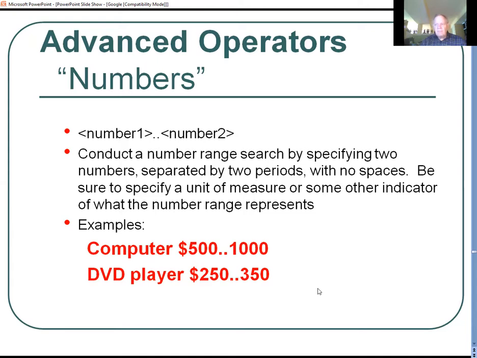It's got to have 500, not any other number. If you put 700 to 1000, it wouldn't find 500. It's going to search strictly those numbers. If you had DVD player 250 to 350, it's going to find those numbers only.